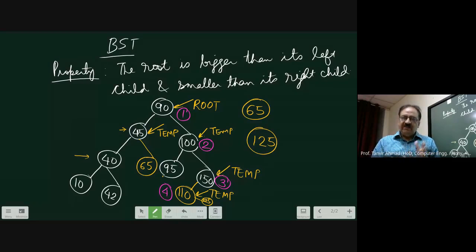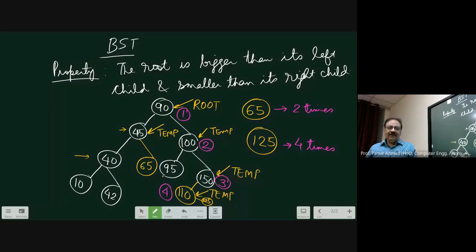You compare 90 with 125, 100 with 125, 150 with 125, 110 with 125, and then you find that you have to put 125 in the right of 110. That means you search 4 times. For 65, you only search 2 times: one time with 90, the other time with 45.